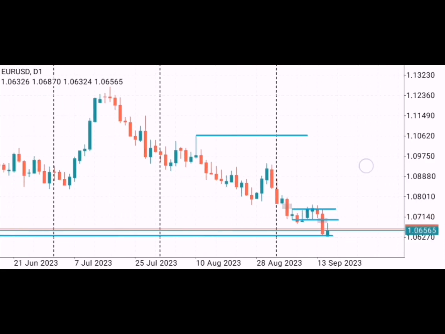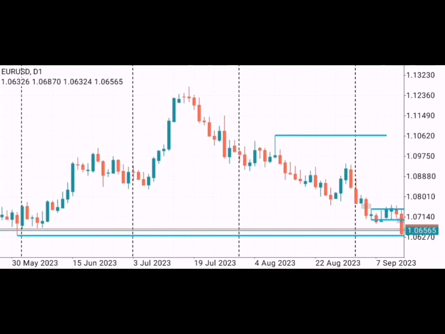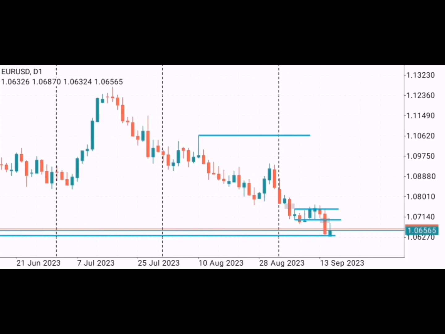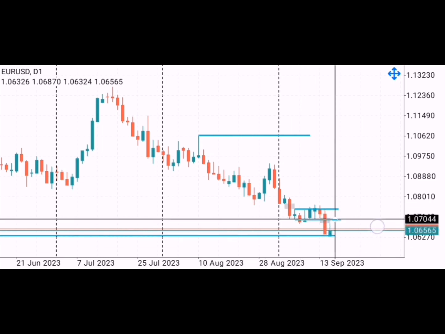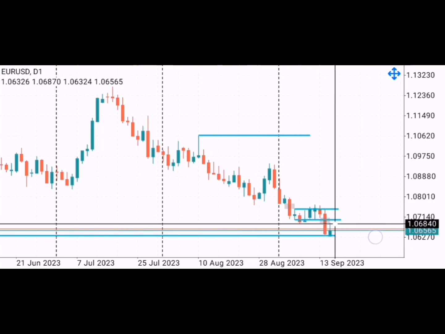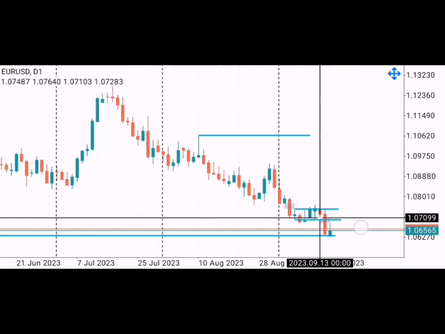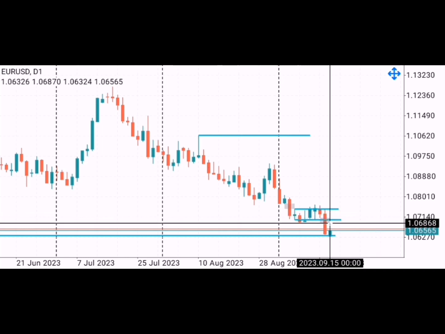Right now we're looking at the EURUSD, and what I'm seeing is a continuation to the downside. Price can potentially trade all the way up into these levels here, or simply trade into this fair value gap, which is the low of this candle and the high of this candle.